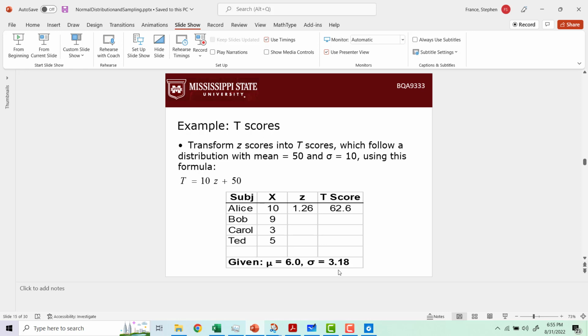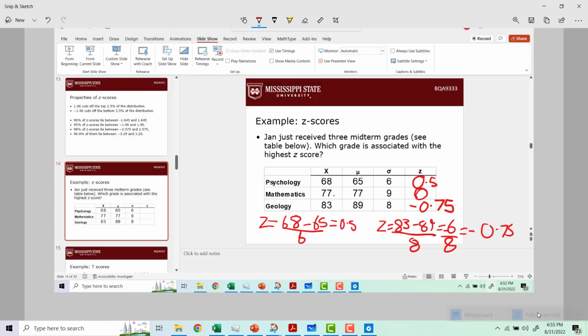The mean is 6 and the standard deviation is 3.18. First we're going to calculate the z-scores, but we want to transform them into something called a t-score, which has a mean of 50 and a standard deviation of 10. The next example I'm going to give is an SAT score, which is similar in that we look at where somebody is relative to the mean, and then we scale them onto a different scale. So let's go back to my pen and full screen this.